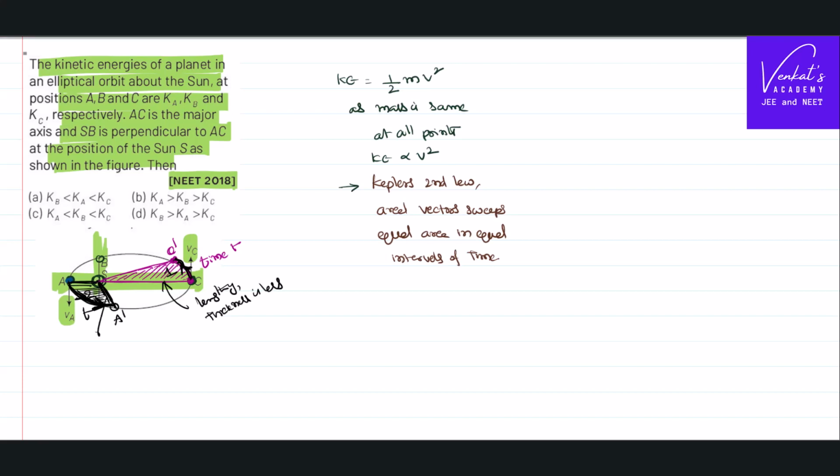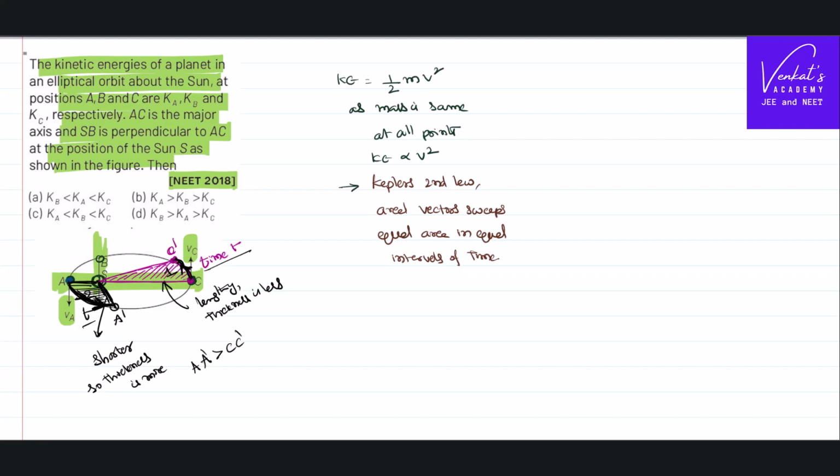Look at this part. This areal vector is shorter, so thickness is more. That means the distance from A to A dash is definitely greater than from C to C dash. These are the distances covered on the elliptical path in the same time t, as per Kepler's second law.